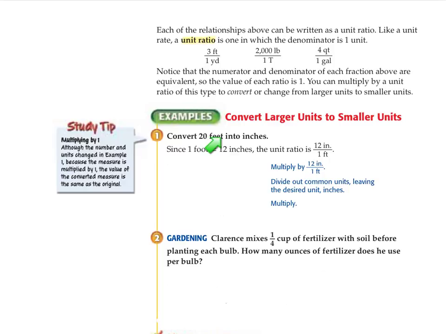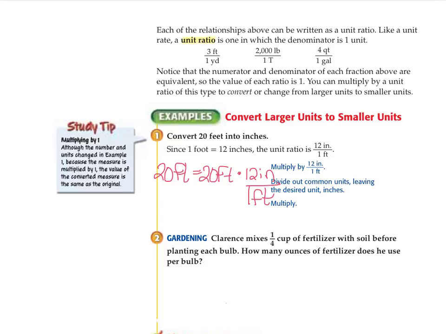Convert 20 feet into inches. Since 1 foot equals 12 inches, the unit ratio is 12 inches to 1 foot. So we would multiply by 12 inches. 20 feet equals 20 feet times 12 inches over 1 foot.